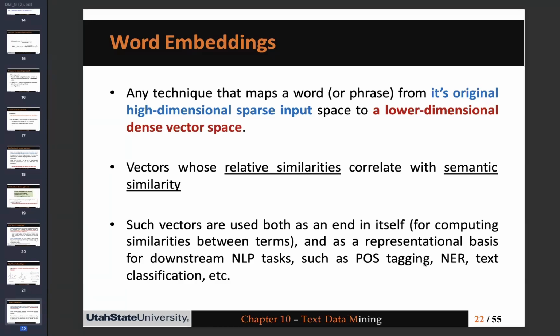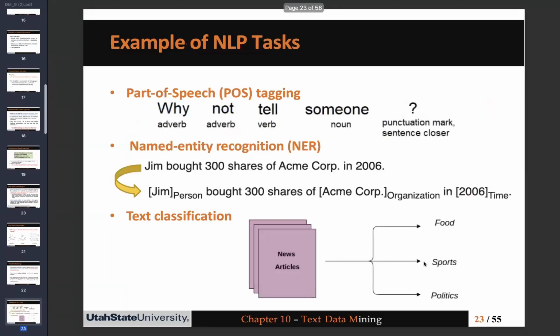The main property of word embeddings is that similar words should have similar vectors. So they are used directly through similarity metrics, and indirectly as features for NLP tasks. If you know the word embedding, you should be able to do a lot of stuff in addition to document classification, document clustering, and plagiarism detection. Under the NLP tasks umbrella, we should be able to do things like part of speech tagging.